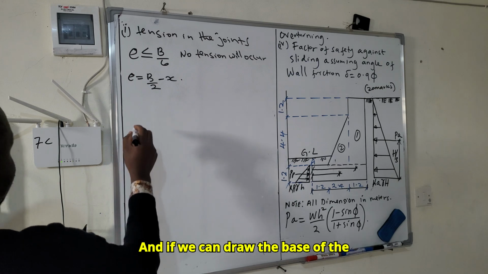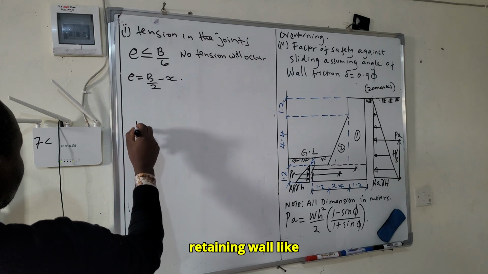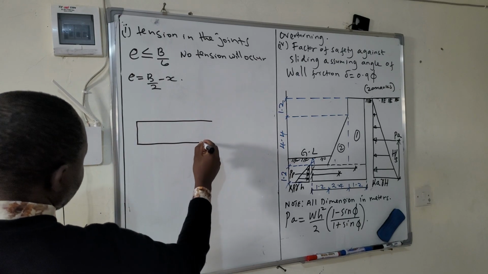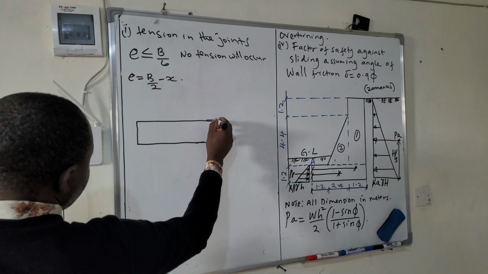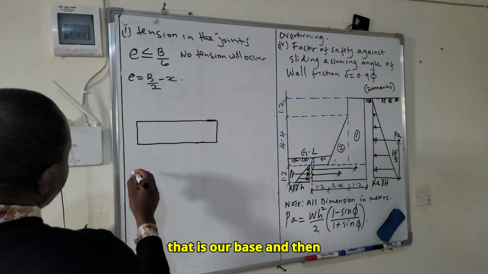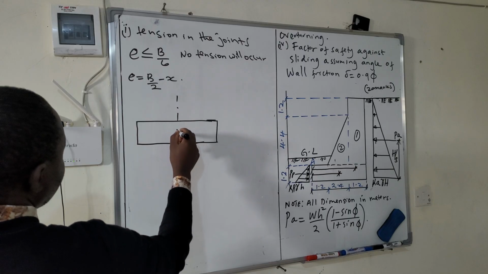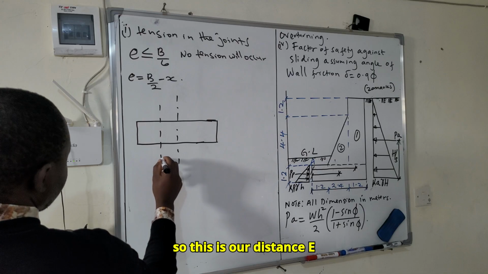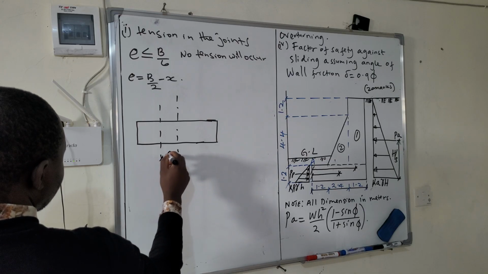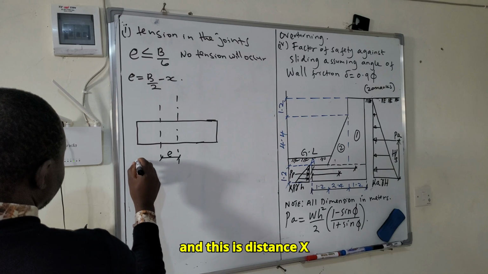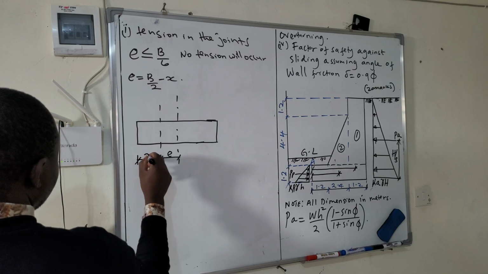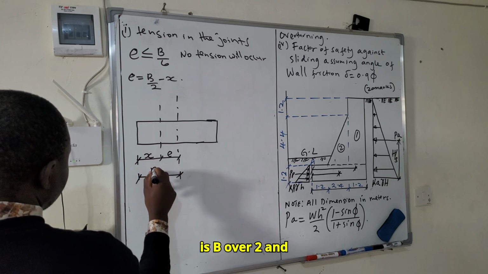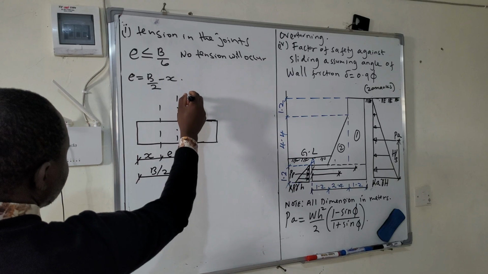If we draw the base of the retaining wall like this, that is our base, and that is our center. So this is our distance E, and this is distance X. And here is B over 2.